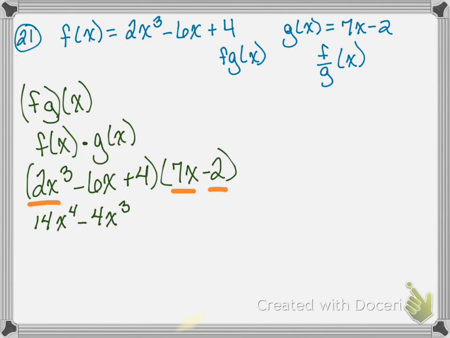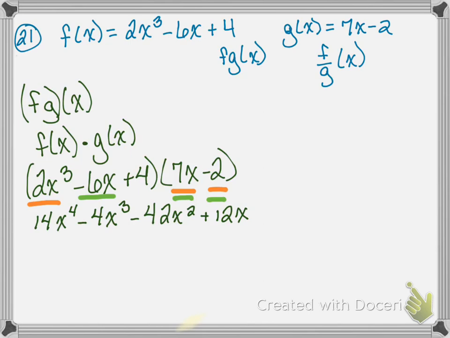Now, the next thing that I'm going to do is I am going to multiply negative 6x times 7x and negative 6x times negative 2. So when I do that, negative 6x times positive 7x is going to give me negative 42x squared. Negative 6x times negative 2 is going to give me positive 12x.